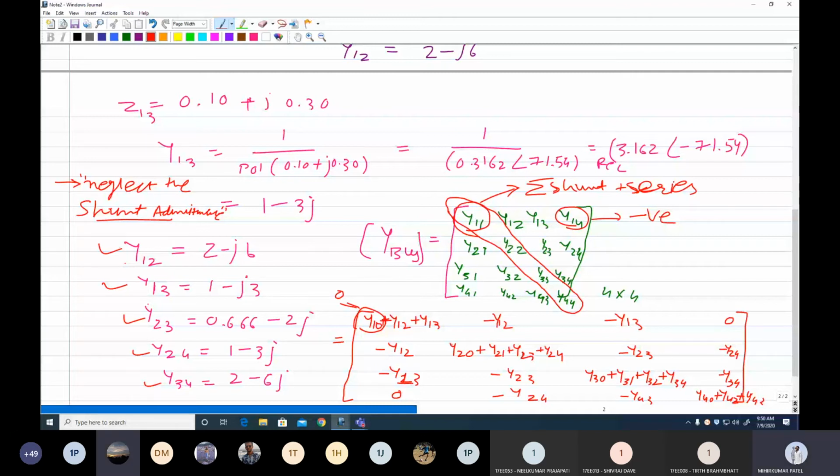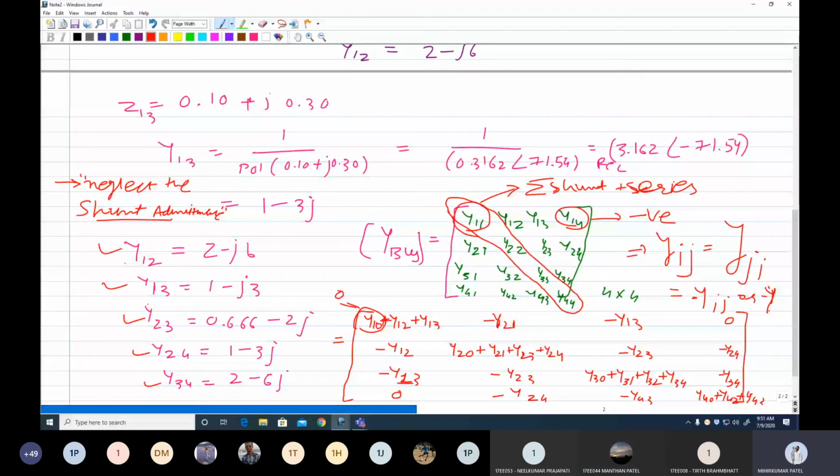Sir, in the third column, minus y34 did not come? The fourth row and third column here: 43 or 34, you can write any one. Here also you can write y12 or y21. As we derived, yij is equal to yji, and the off-diagonal is minus of yij or yji.